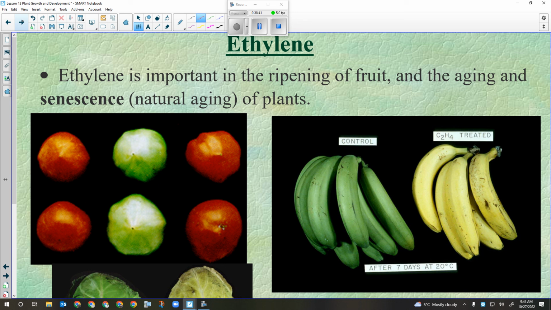Right? So ethylene helps the fruit to ripen because ripe fruit is generally bright in color and attracts animals to eat it. Now, what fruit do you suppose produces the most ethylene? What fruit goes bad the fastest? Bananas. That's why there's the banana principle.